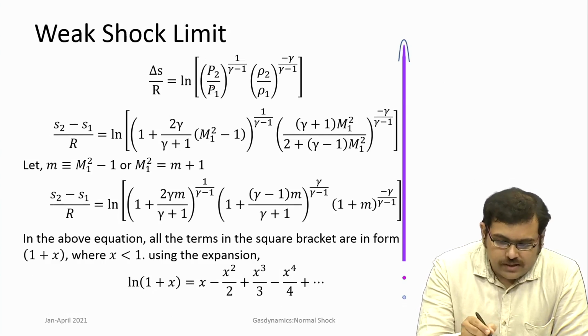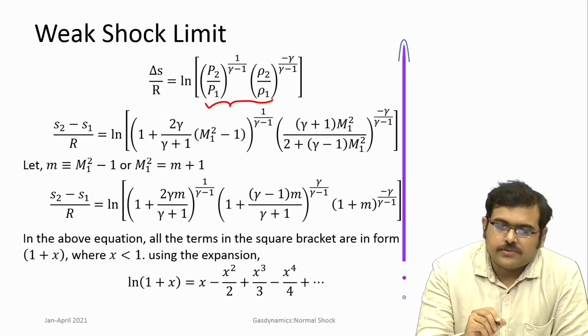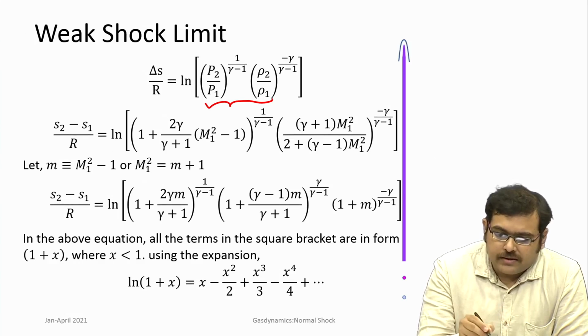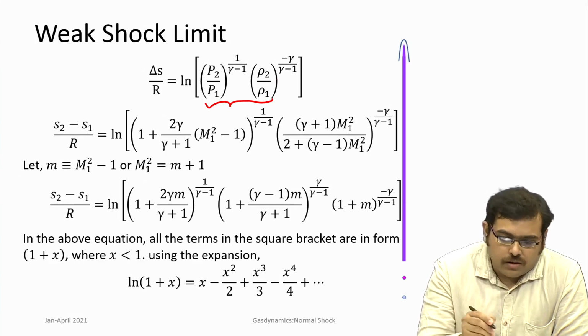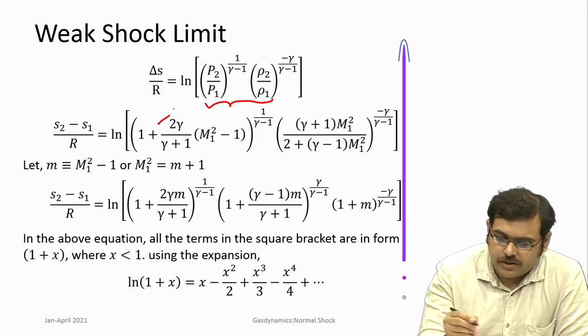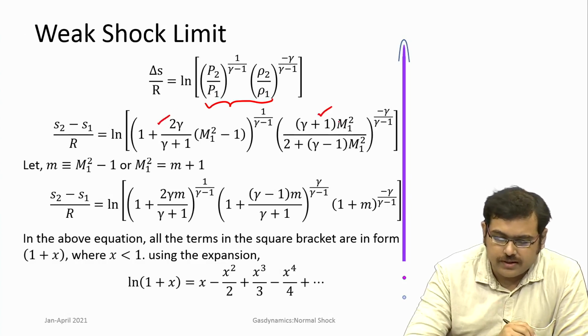So this is the same expression for entropy written in terms of pressure ratio and density ratios, and the pressure ratio and density ratio expressions for the normal shock are known. So we substitute that in this expression over here, and the density ratio is substituted here.